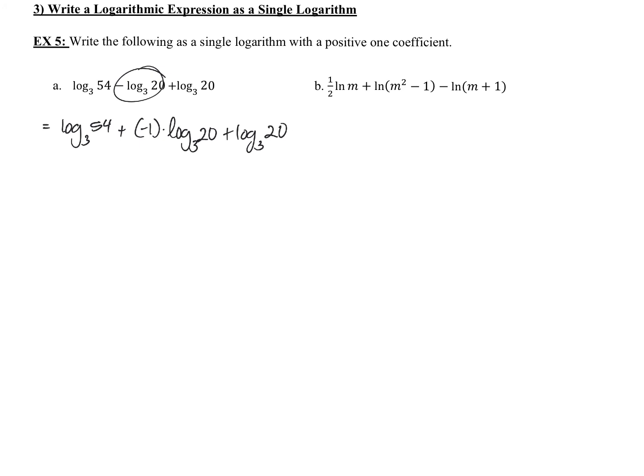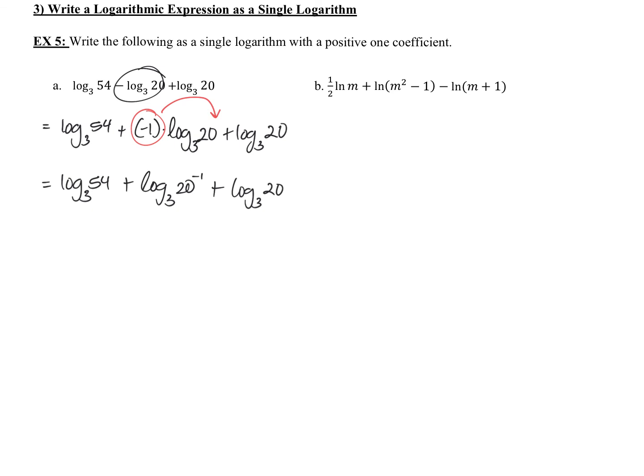Because I see that -1 being multiplied by the logarithm, I can treat that as the power rule and bring that -1 up to the top of the 20. So that'll be log base 3 of 54 plus log base 3 of 20 to the -1 plus log base 3 of 20.